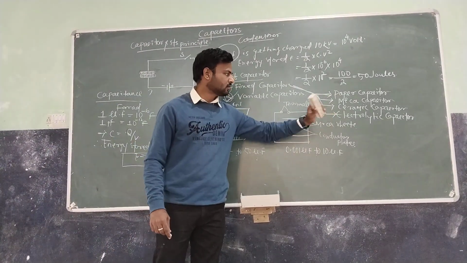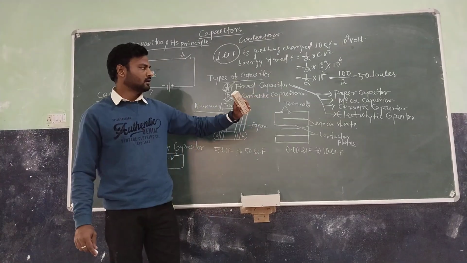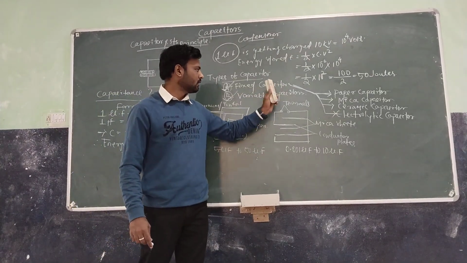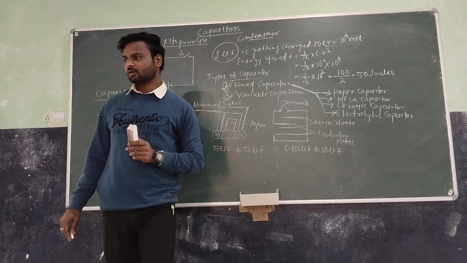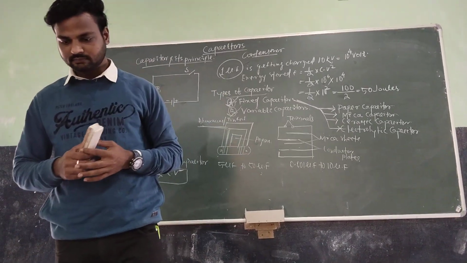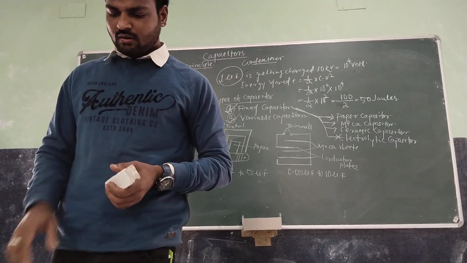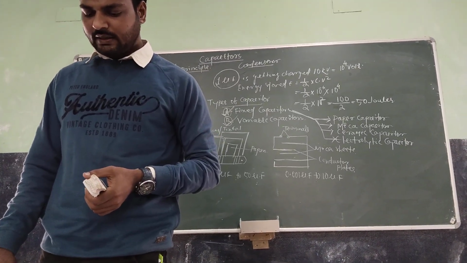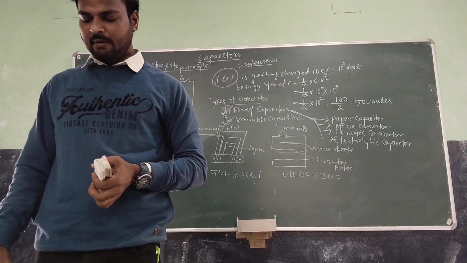Ceramic and electrolytic are the other kinds of fixed capacitors. They are used in electronic circuits. Electrolytic capacitor and ceramic capacitor.